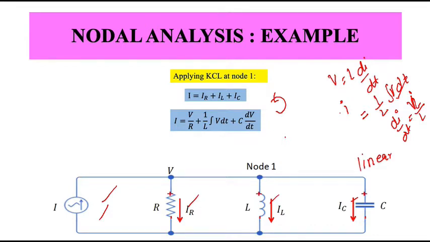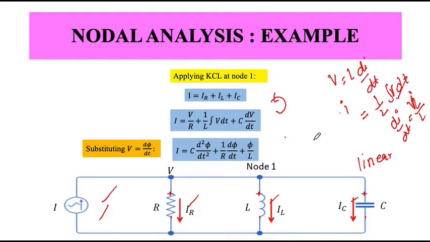So just rewriting things which we already know, and finally the current through the capacitor is C dV by dt. What else do I know? I already know that V is simply d phi by dt, which means the current can now be written as C d square phi by dt square, double differentiation of phi.